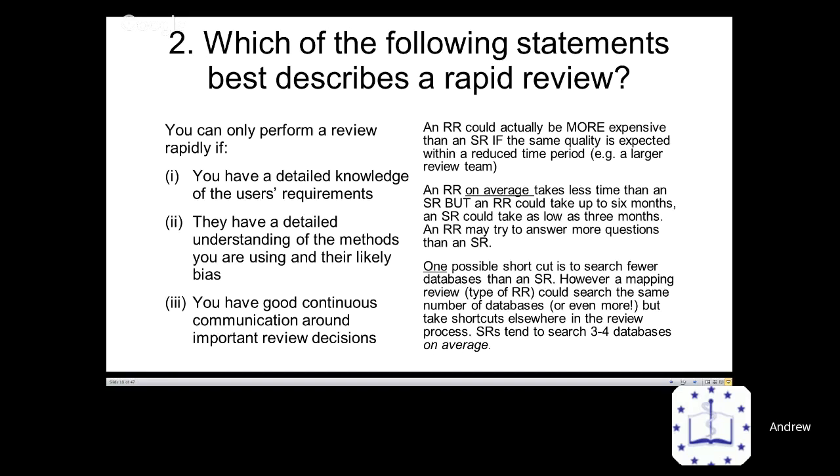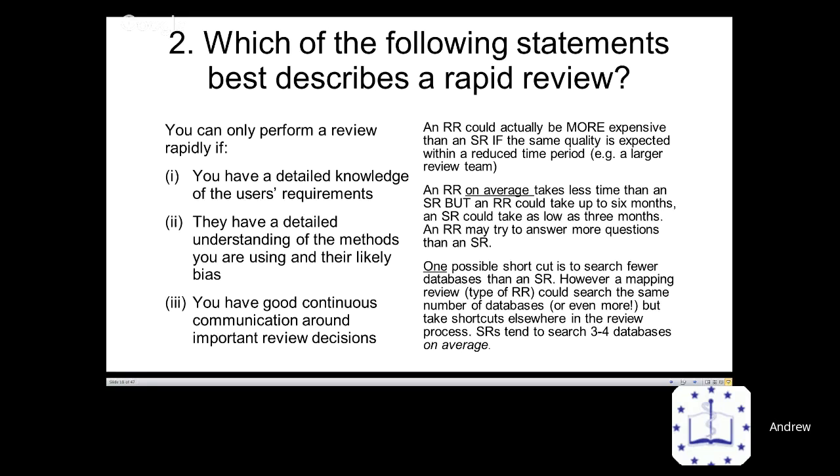And we also had the database issue here. Some approaches to reviews actually search as many databases as a systematic review, but then do less with the material they find. So we can't say that all rapid reviews search fewer databases.